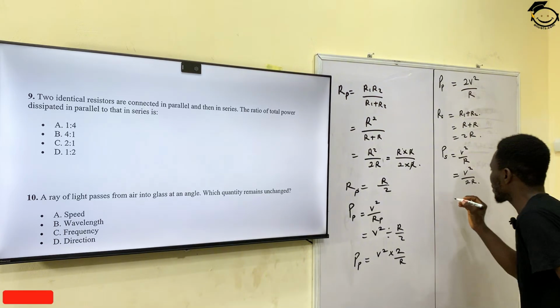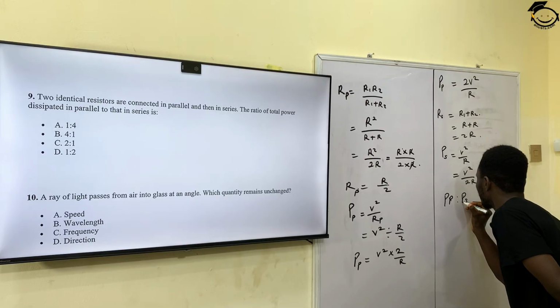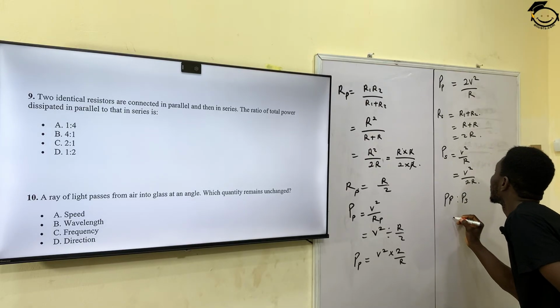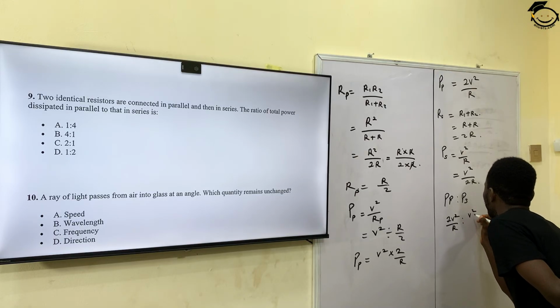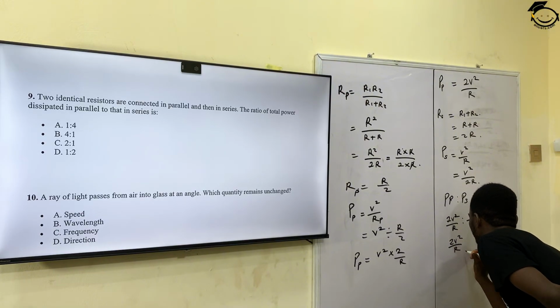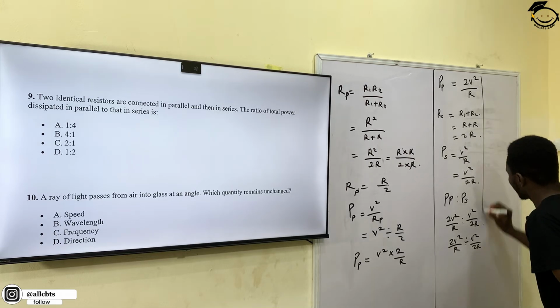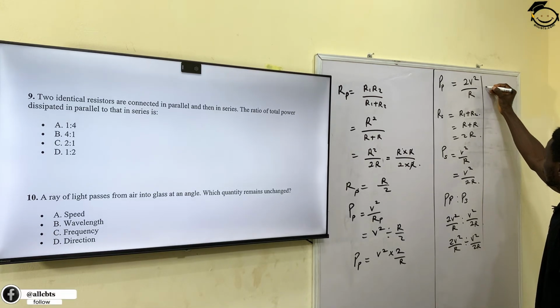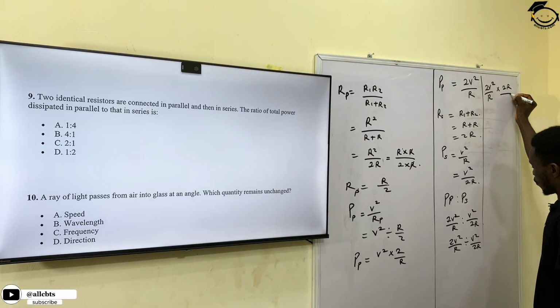Knowing this, they're asking us to find the ratio of the power in parallel to that in series. So I have PP ratio PS. My PP is 2V squared over R ratio V squared over 2R. This is the same as 2V squared over R divided by V squared over 2R, which gives 2V squared over R times 2R over V squared.